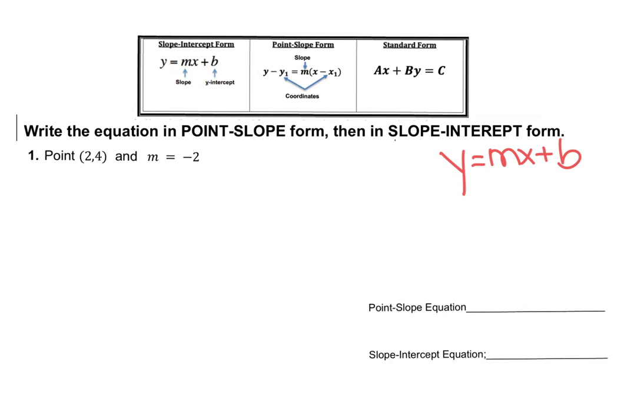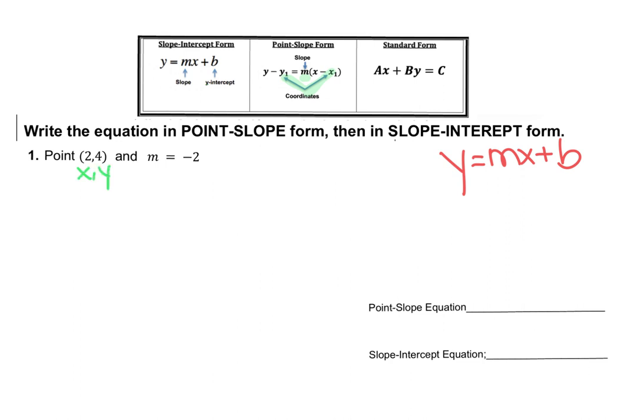But you do have the slope. So when you use this point-slope formula, you've got the slope right here, and it uses then a point. So whenever you're given the point and a slope, we use that point-slope formula. All right, so let's go ahead and label our point, x1 and y1.